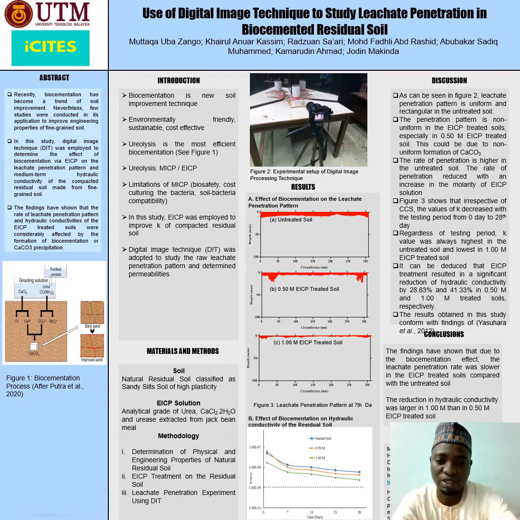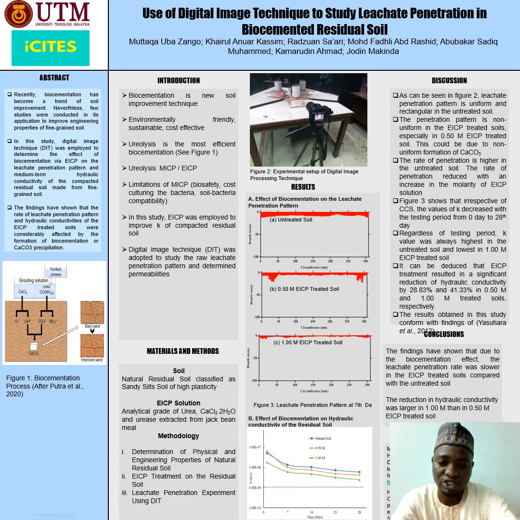This is due to the formation of calcium carbonate in the treated soils, and the calcium carbonate will cement the soil and also will block the pores inside the soil matrix.